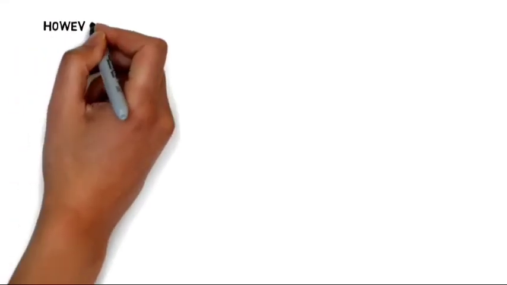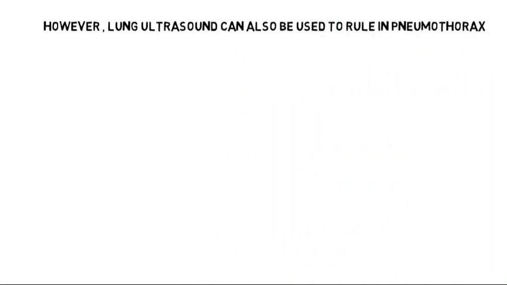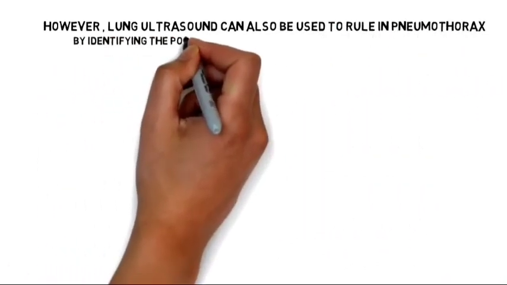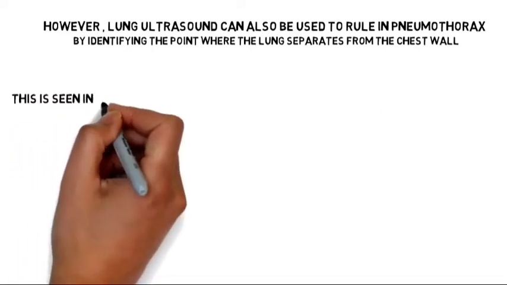However, lung ultrasound can also be used to rule in pneumothorax by identifying the point where the lung separates from the chest wall. This is called the lung point.